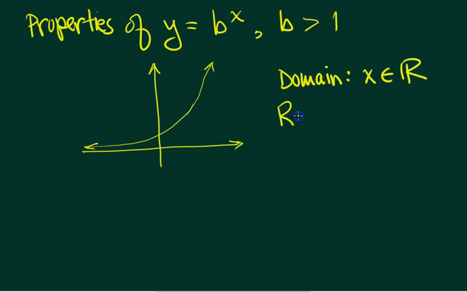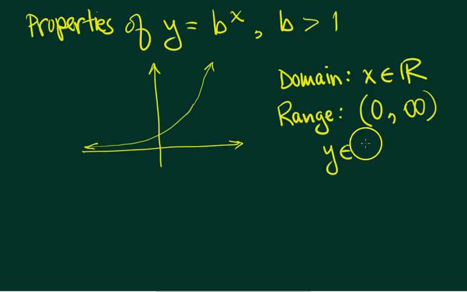The range: let's see, y never does reach 0, and it has no maximum. So the range is 0, open on the left, and also open on the right. Or we could say y is any positive real number.